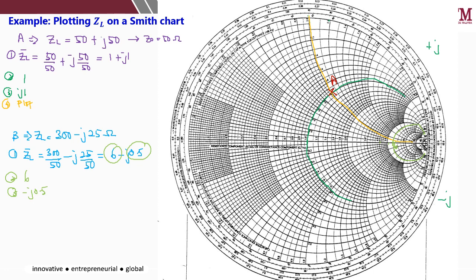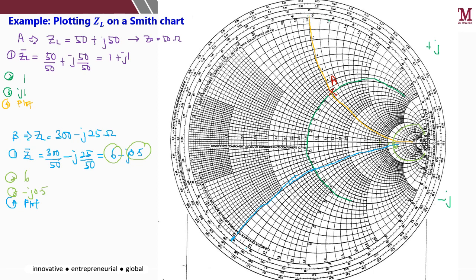So negative j will be at the bottom. So 0.5 is somewhere here, and you can see the same number here as well. So find the crossing somewhere there. Alright, so the fourth step is to plot the cross section.